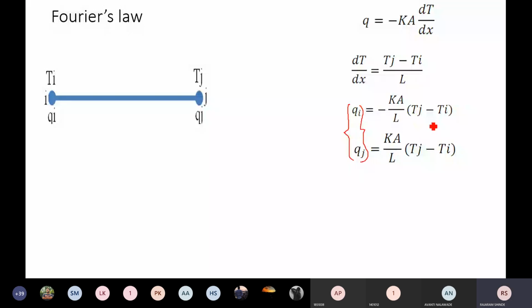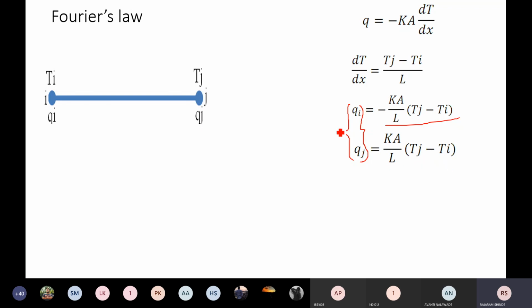On the right side, you see this is a linear equation. Do you agree with this? How is it a linear equation? If I multiply K by L into this bracket, it becomes minus K by L into Tj and plus K by L into Ti. Now next, for this equation, K by L into Tj minus K by L into Ti.